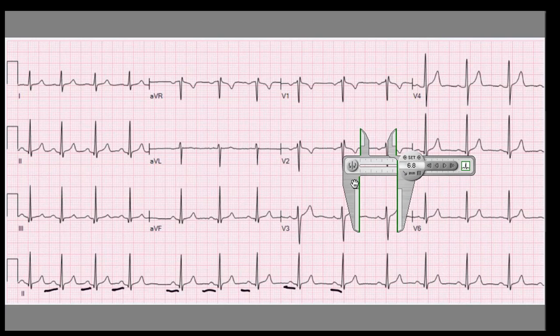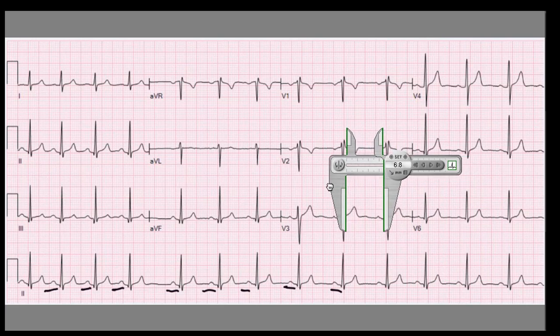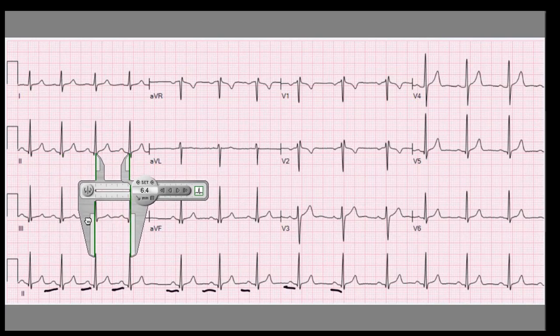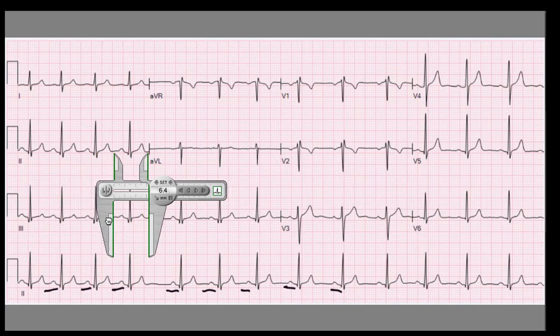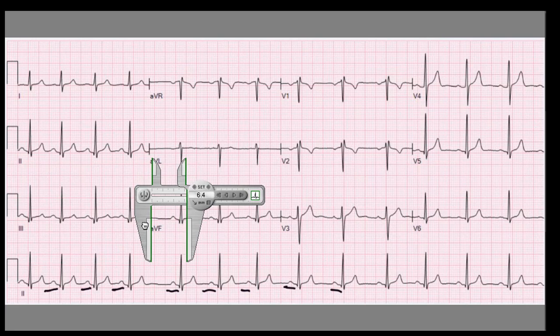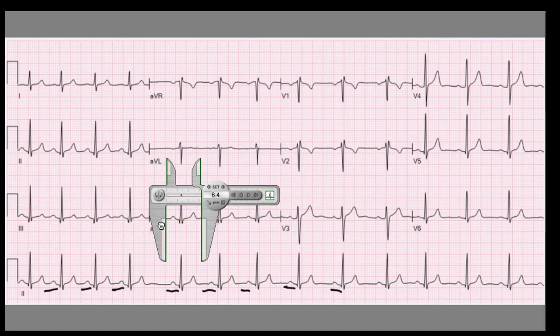Now let's see if the R to R intervals are regular or not. That's the R to R interval, and it's the same here. That little bit of deviation is because of respiration. Trust me here.